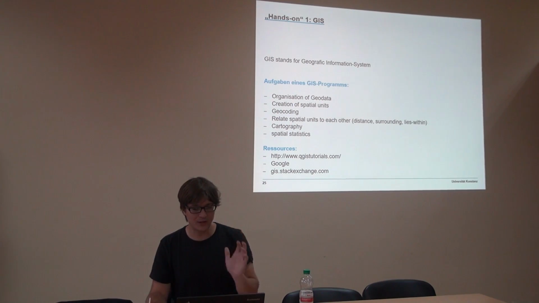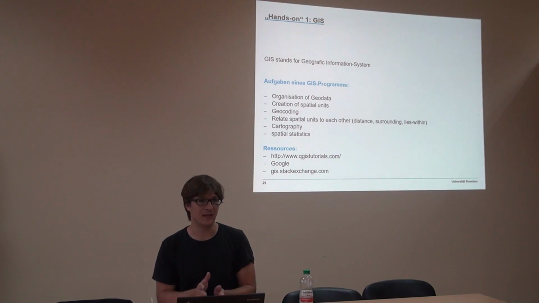You can also do some spatial statistics, but usually it's good practice to work with your data and do the illustrations in a geographic information system program, and then export the data set and do the spatial statistics in Stata or in R, so to do these two steps.